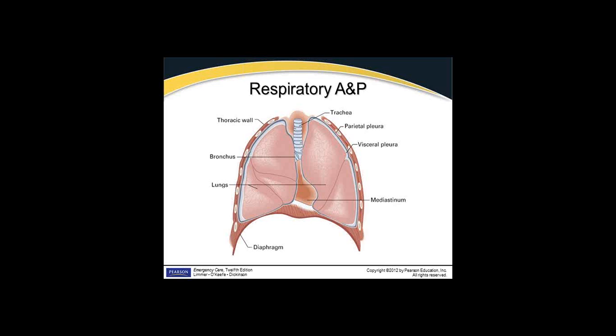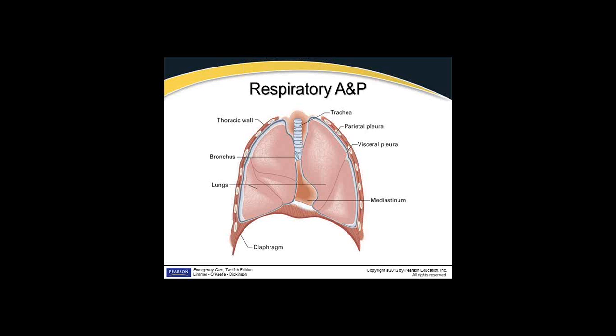So to look again quickly at this picture, we have the major components, the physiologic components, that make ventilation occur. You have the trachea that branches into the bronchi, the mainstem bronchus, and branches down till you get to the alveolus.